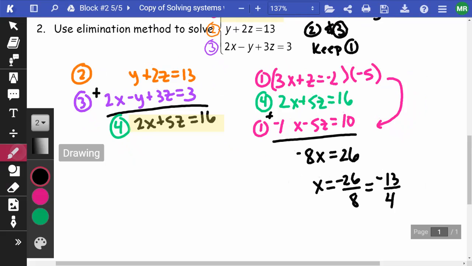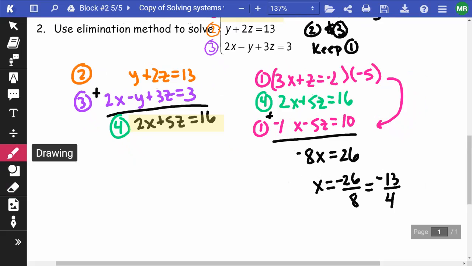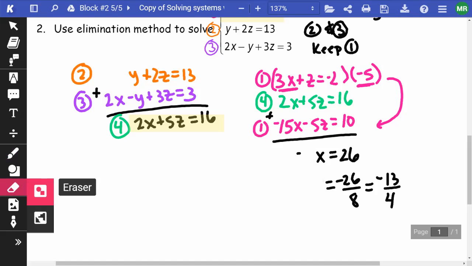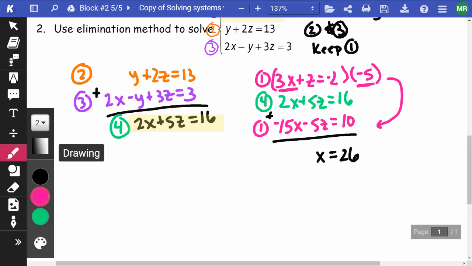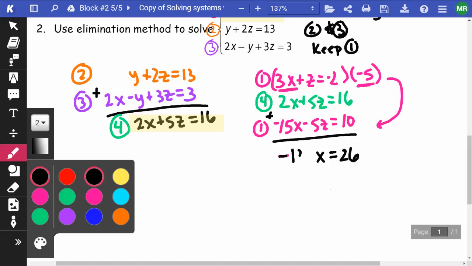Sorry. This right here, I'm multiplying by -5. This should be -15. Okay, so when I was doing this 3x times -5, I made a mistake. So that is going to give me actually a nicer answer. Not that you can't get a not nice answer, but I think this one was. And so 2x and a -15x is a -13x. So now when I divide by -13, I get x is equal to -2.